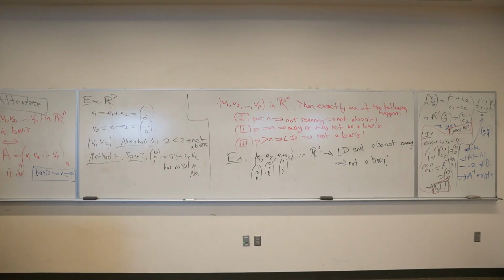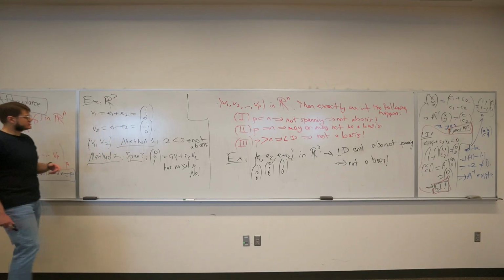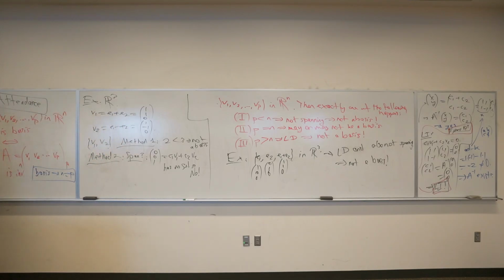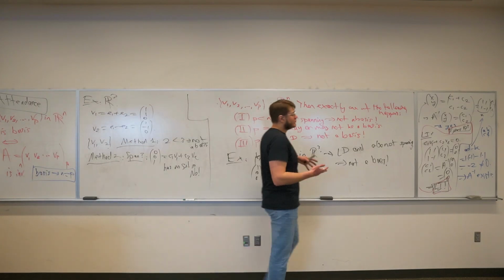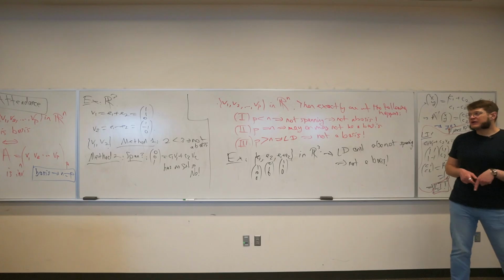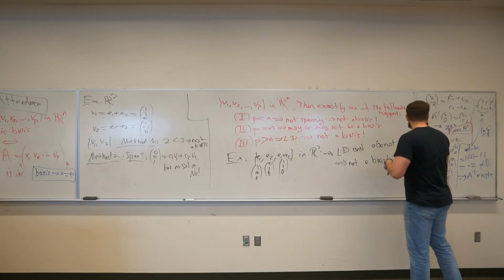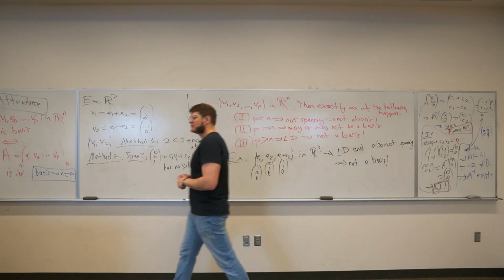And of course, they might give you a more complicated bunch of vectors, in which case you're going to have to do some calculations. At the very least, you're going to have to put them in a square matrix and do some row reduction to figure out if the inverse exists. Later on, after the first midterm, we're going to talk about the determinant, so this AD minus BC business, but for any n by n.